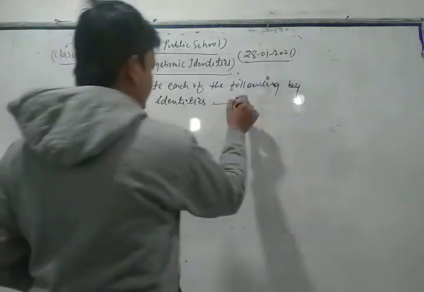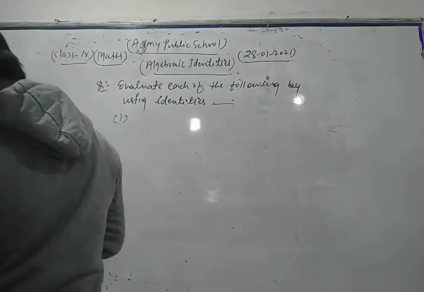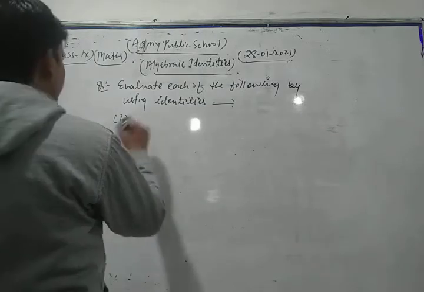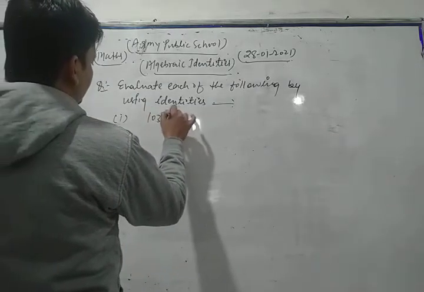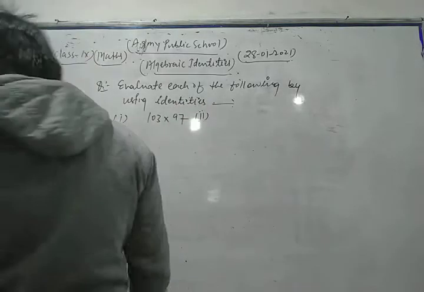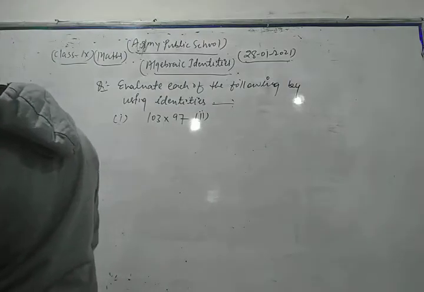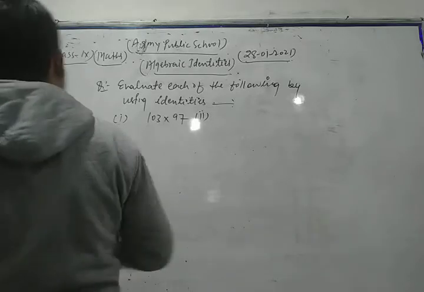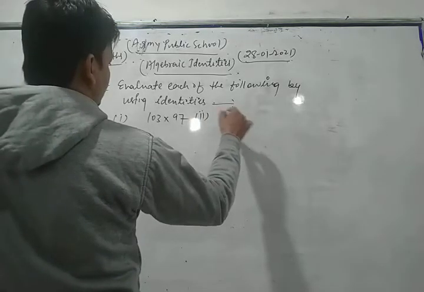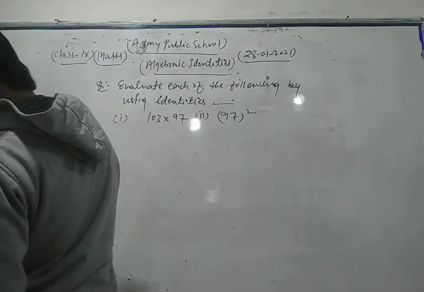Let's see, your first question is 103 into 97. Second one is 97 whole square.